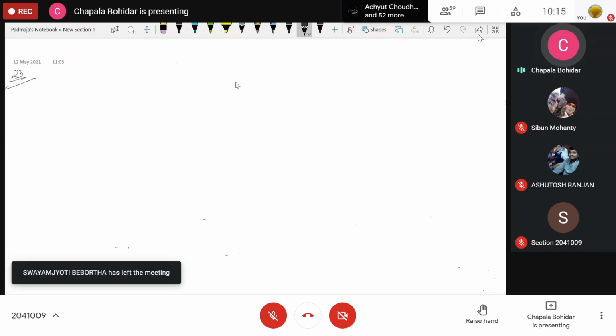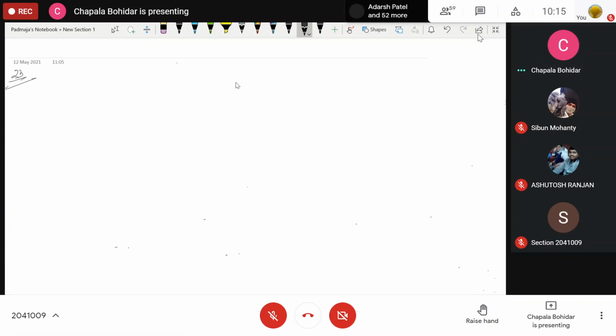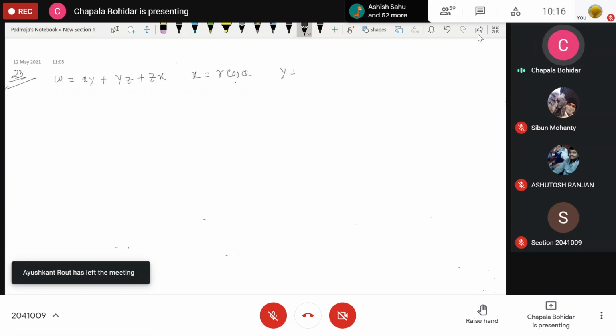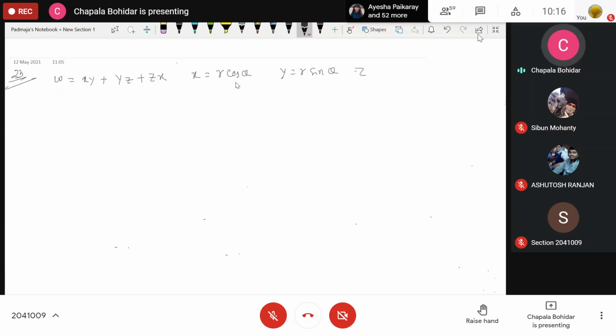Use chain rule to find the indicated partial derivative of the function, where the function is omega equal to xy plus yz plus zx, where x is equal to r cos theta, y is equal to r sin theta, and z is equal to r theta.